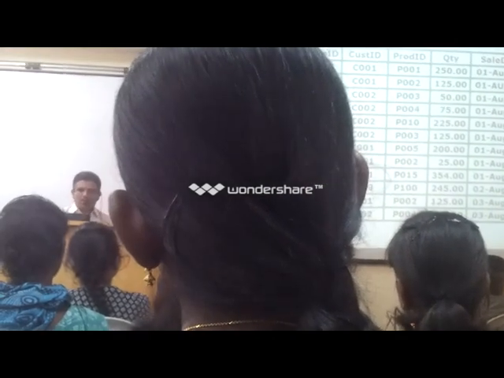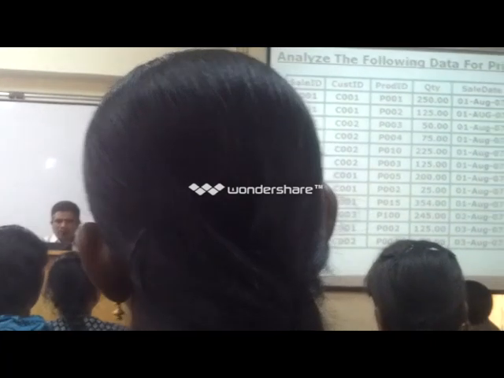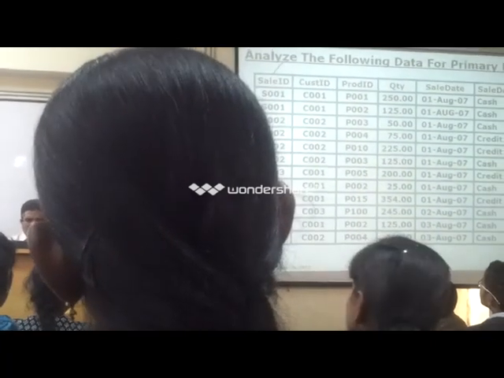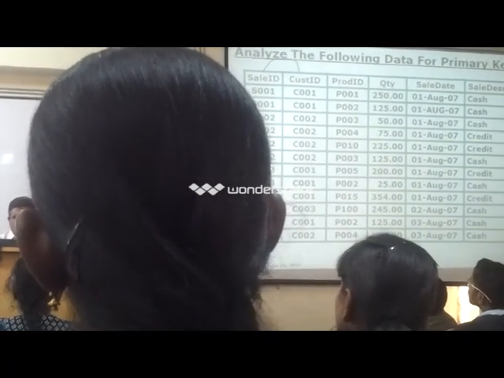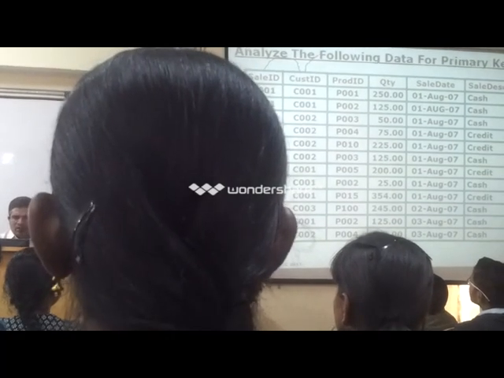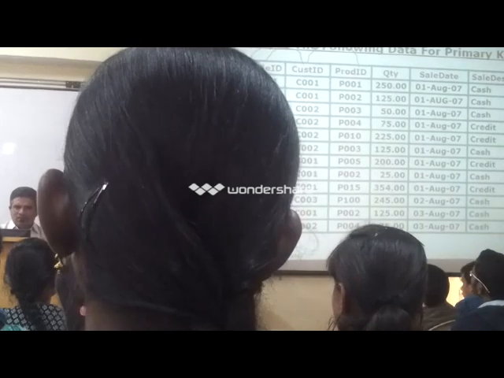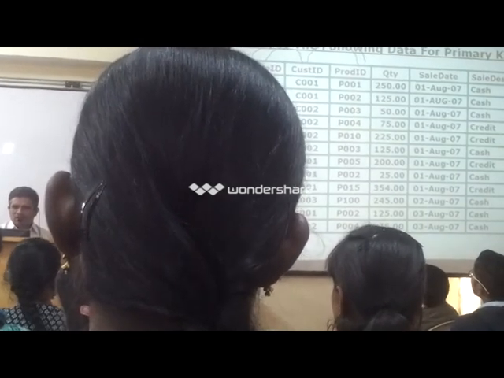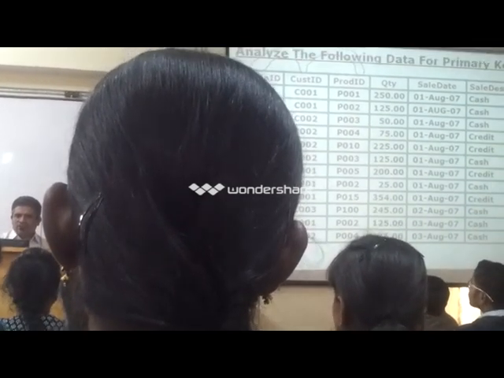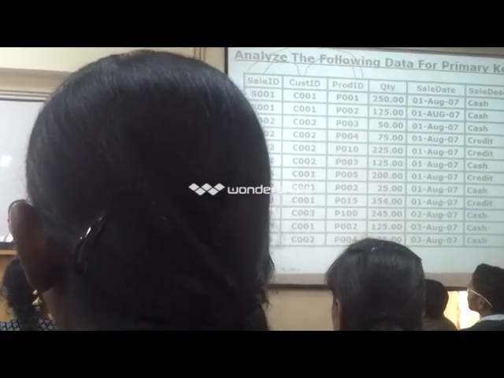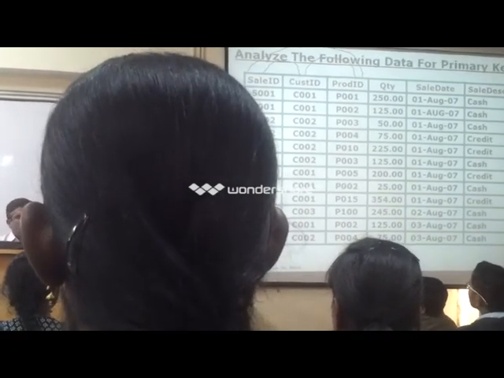In that composition, the sale and customer are related directly, customer and product are related directly, and in that way sale and product come into relation. So that is a transitive relation generating between these 3 columns.